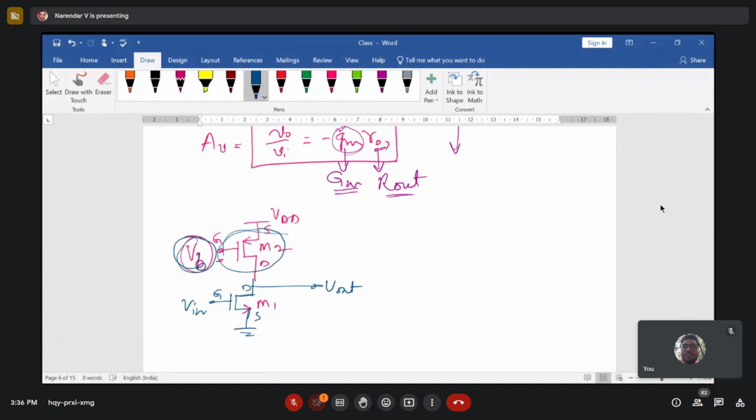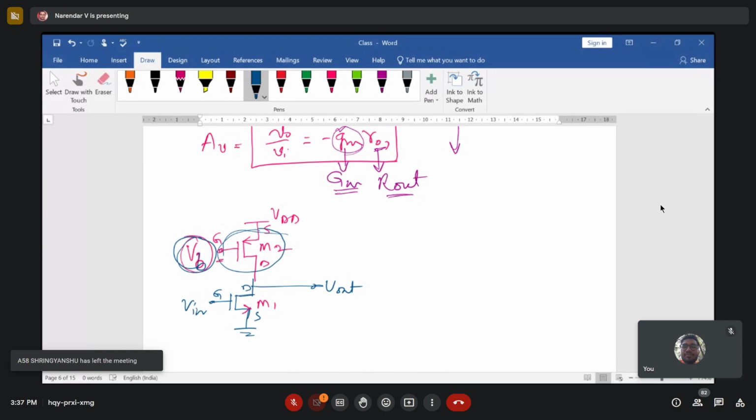It makes your job easy. So this could be one reason you use a PMOS transistor as a current source here also. Otherwise you can choose an NMOS transistor and bias it in a way that it acts as a current source.